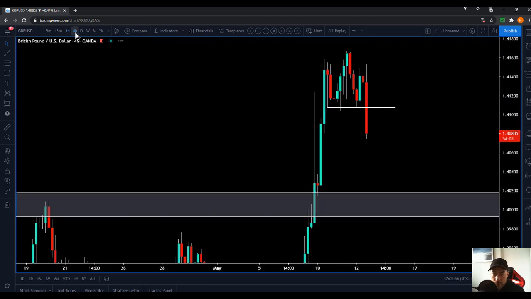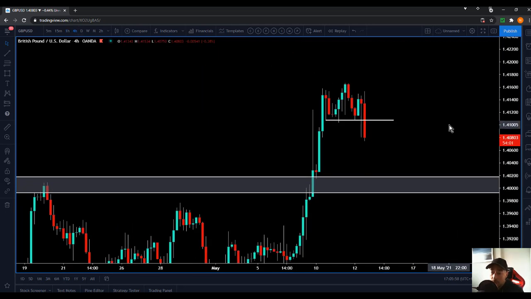So if we get a 4-hour close below, which it looks pretty much as though we could do, of course the 4-hour candle will close at 6 p.m. UK time. So at the moment it's 6 minutes past 5 in the UK, so we've got 53 minutes 47 seconds until this candle closes. We can look for price to come back, retest that level, and then look for sellers to come in.